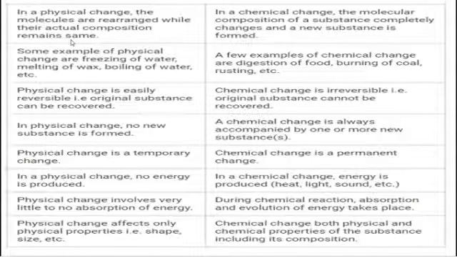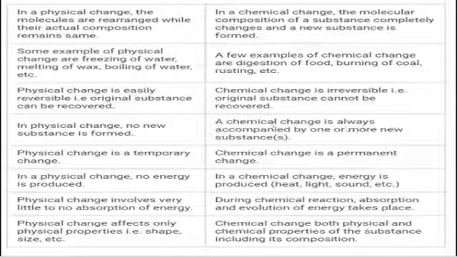So, important points: a physical change is easily reversible, a chemical change is irreversible. Examples of physical change: freezing of water, melting of wax, boiling of water. Examples of chemical change: digestion of food, burning of coal, rusting, etc. In a physical change, no new substance is formed.